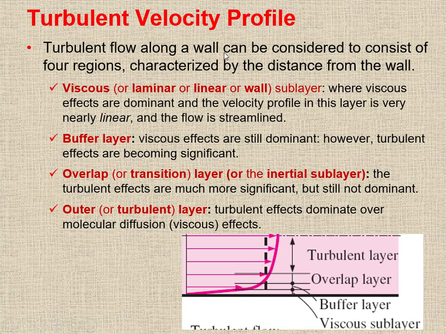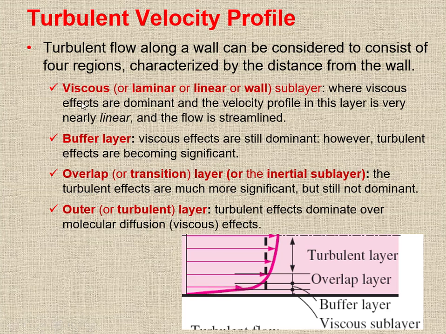The turbulent flow along a wall can be considered to consist of four regions, from the surface of the pipe wall to the center of the pipe, by distance from the wall.